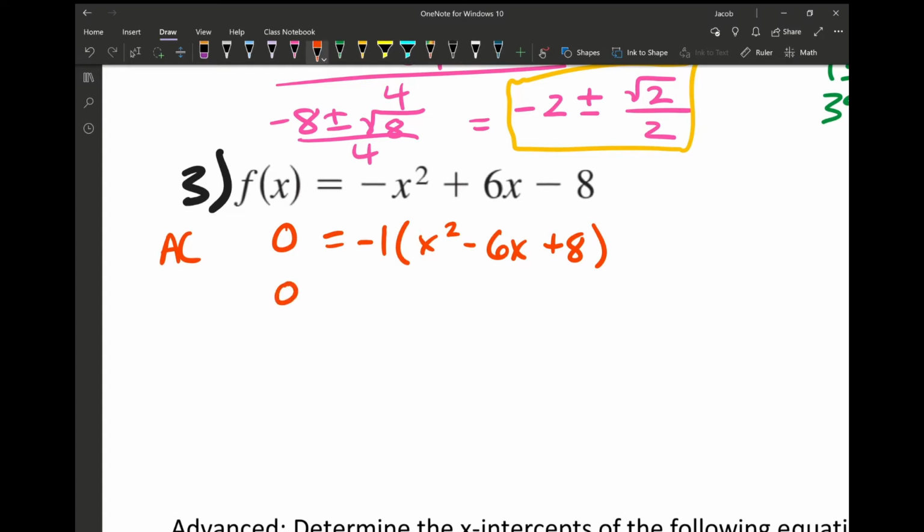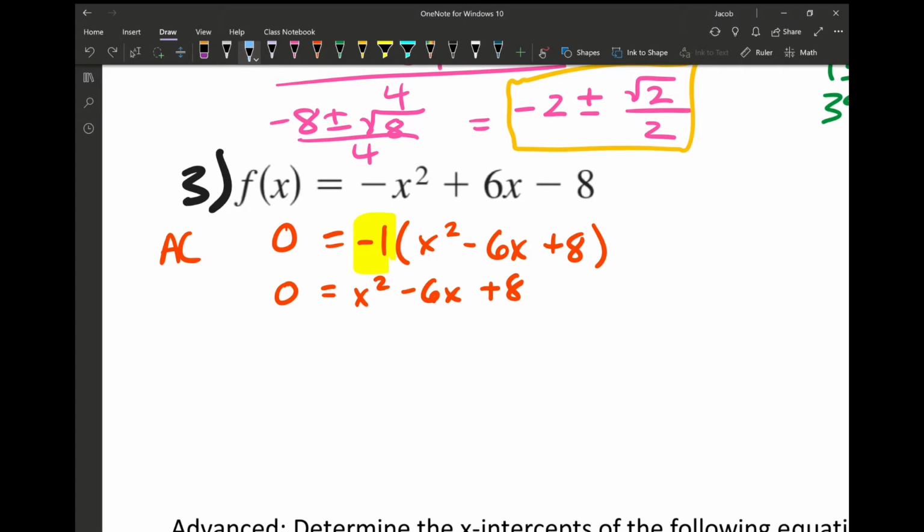So we really only need to solve x squared minus 6x plus 8, because we can remove this negative 1 by dividing each side of this equation by negative 1, and away it goes. That negative 1 does not influence the zeros.